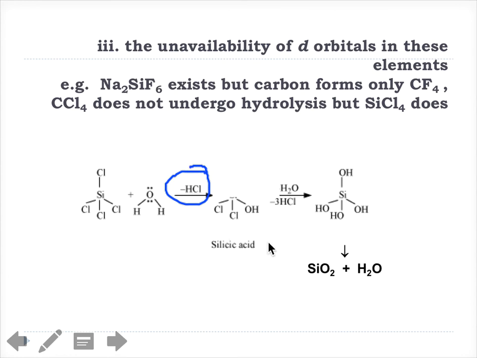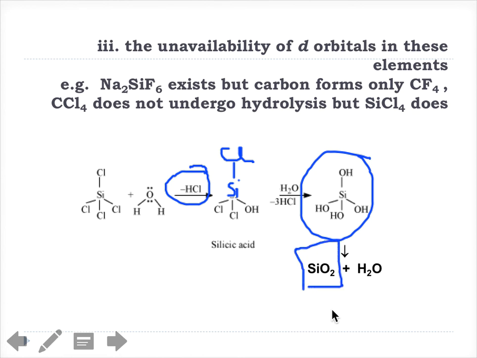In this process, it will form silicic acid. Sorry, I think there's something missing here, Si. This repeats until it forms Si(OH)4. Now this undergoes dehydration and eventually it forms silicon dioxide.